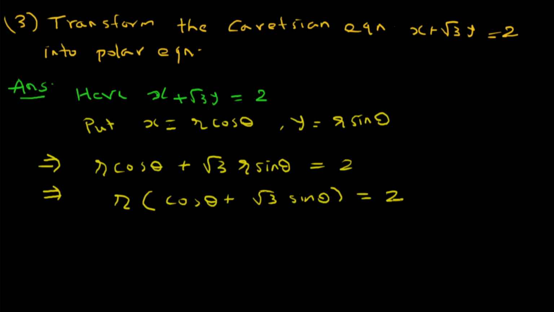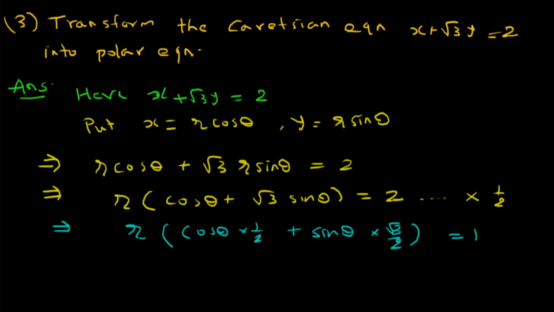Now let us divide both sides by 2, that is, multiply both sides by 1 by 2. We get r times (cos theta into 1 by 2 plus sin theta into root 3 by 2) is equal to 1.